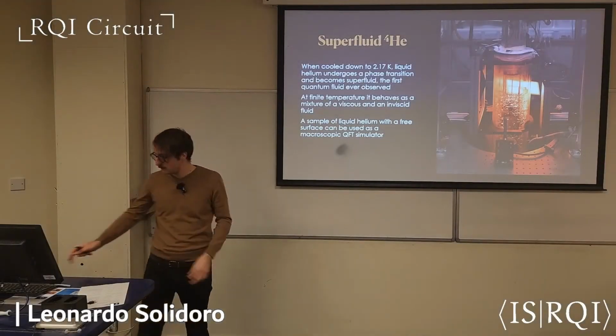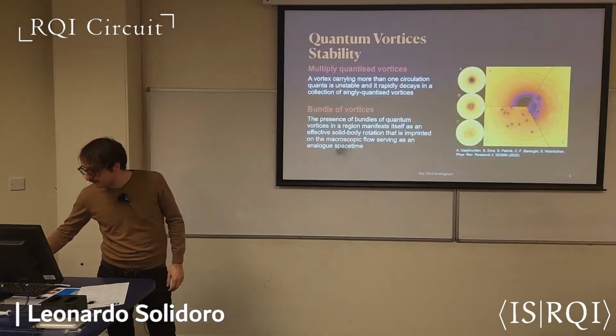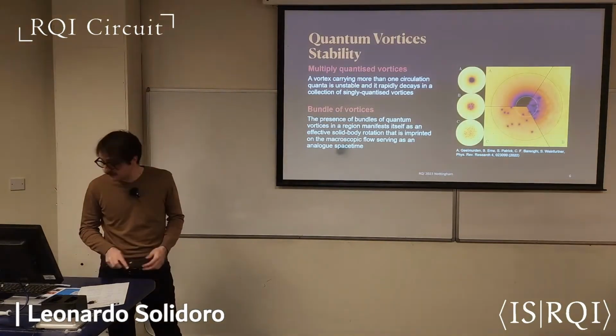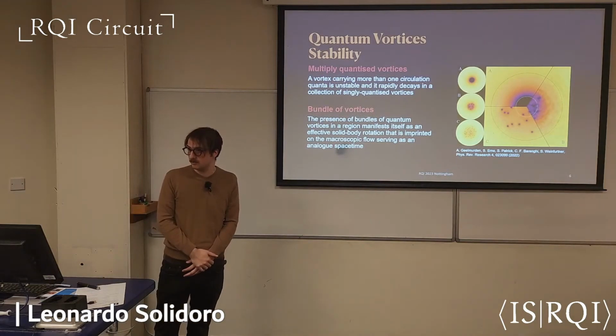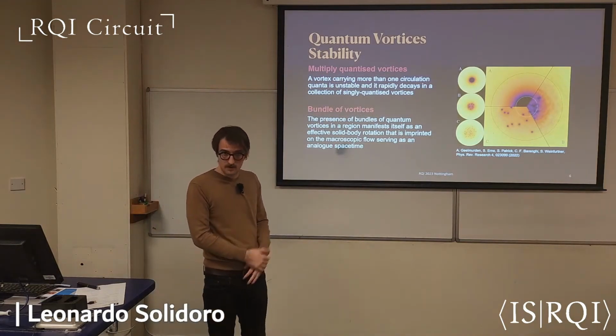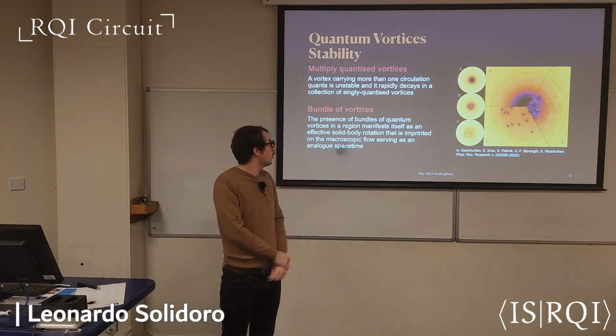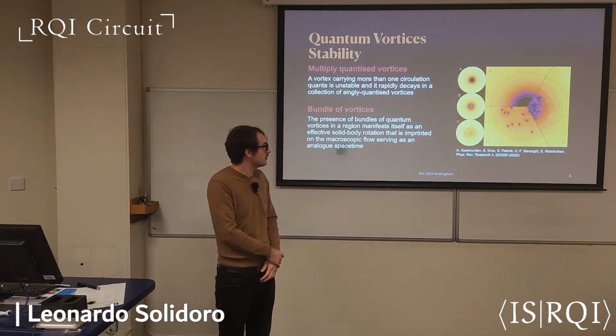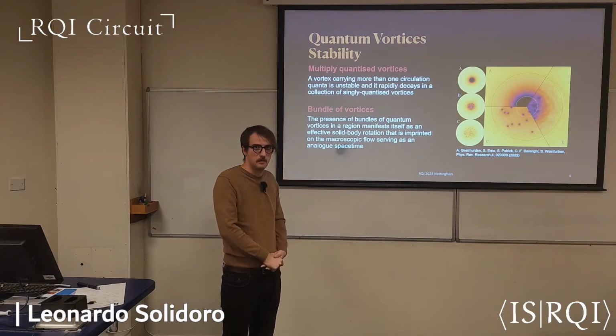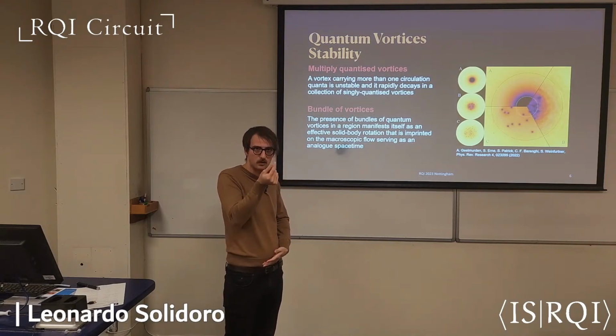In particular, let me mention a remarkable property, a caveat when dealing with quantum fluids. Because, of course, we have this macroscopic sample of helium and we stir it. We're introducing a macroscopic circulation, which considerably exceeds the circulation quantum.